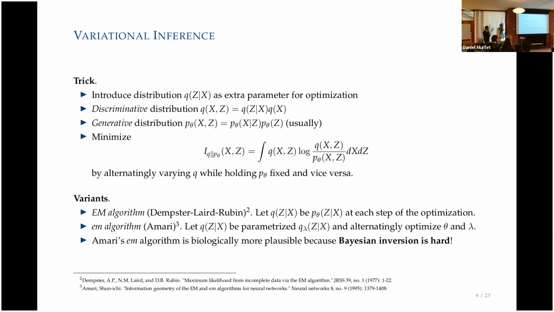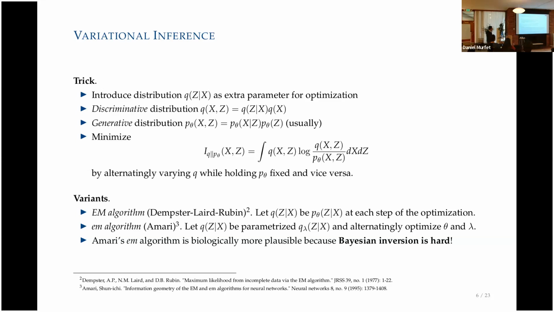I also have the generative distribution, which is the joint distribution, often written as p of x given z times p of z, some prior on the hidden variable z. Then we change the problem to minimizing the KL divergence between q and p theta on x and z, on the joint.